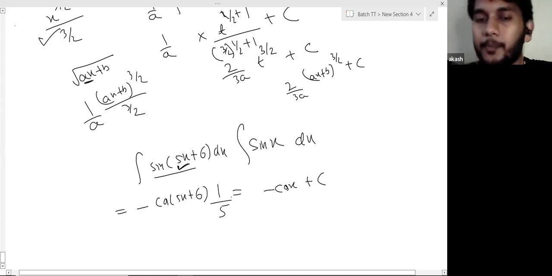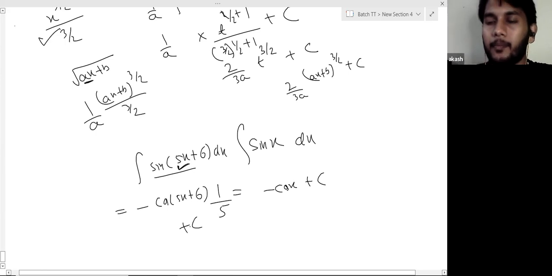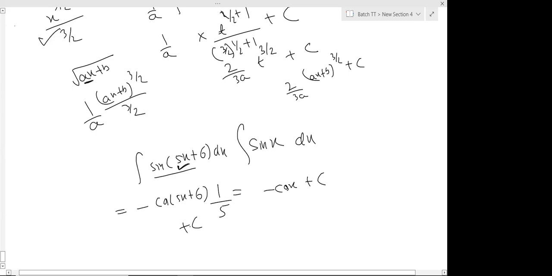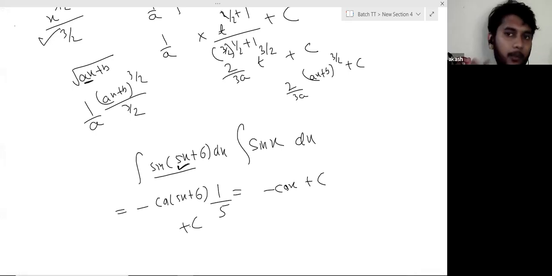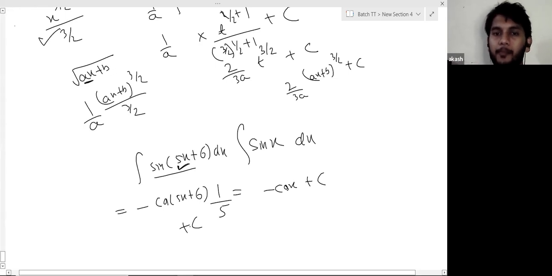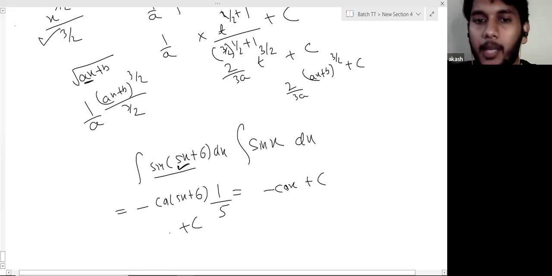This will be the answer. Is it clear? Sir, thank you. All right. So if you know the integration of any function and they replace x with any linear function of x, then divide by the coefficient of x and the answer will be the same. Ahmed, this thing is clear?